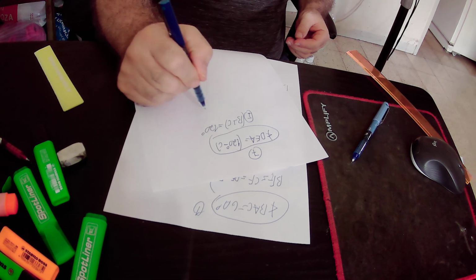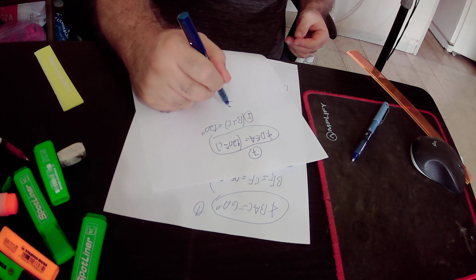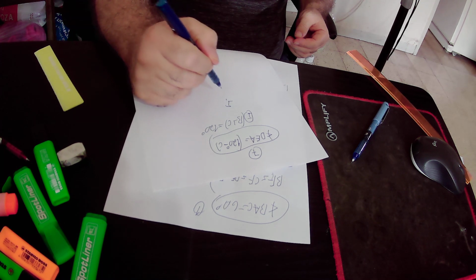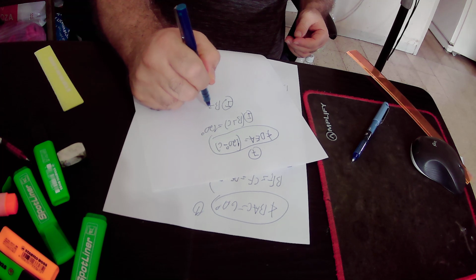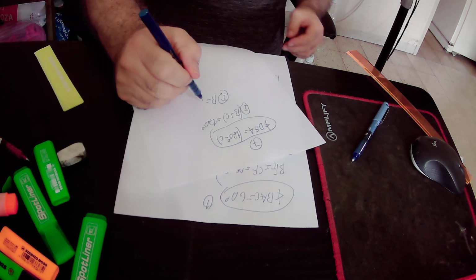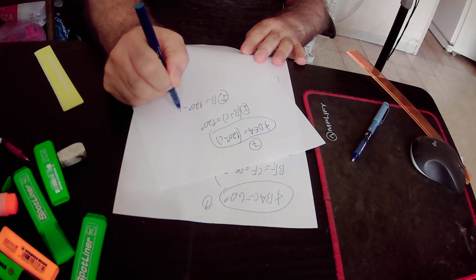So if we subtract C from equation number 1, we will get that B equals 120 degrees minus C.